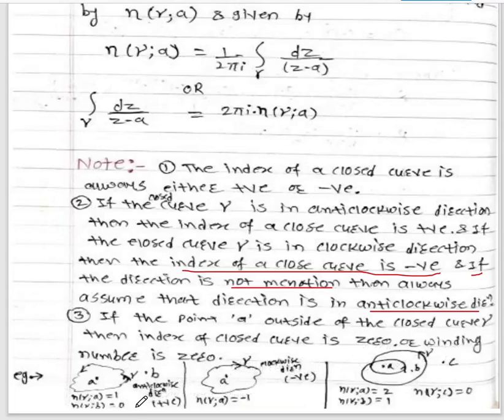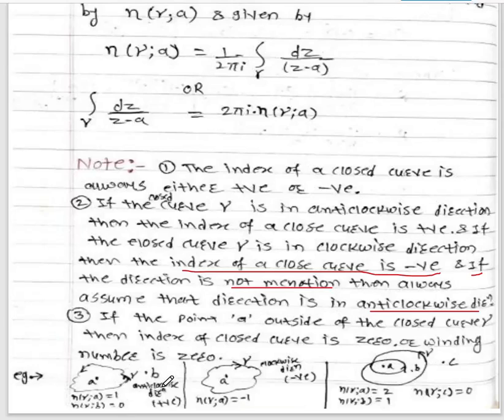For example, this is a point A which lies inside the curve gamma. Therefore the index of the closed curve is 1, and it is written as the index of the closed curve gamma at the point A equal to 1.